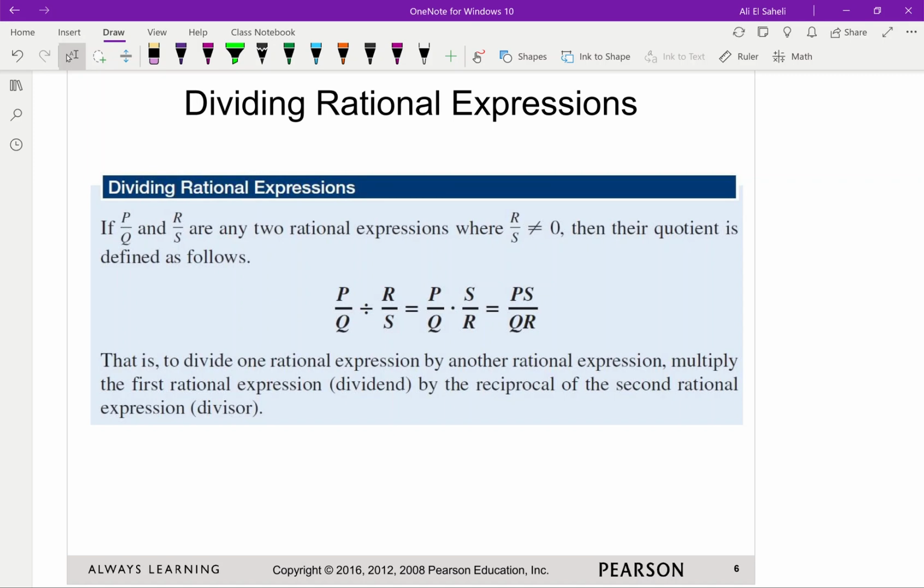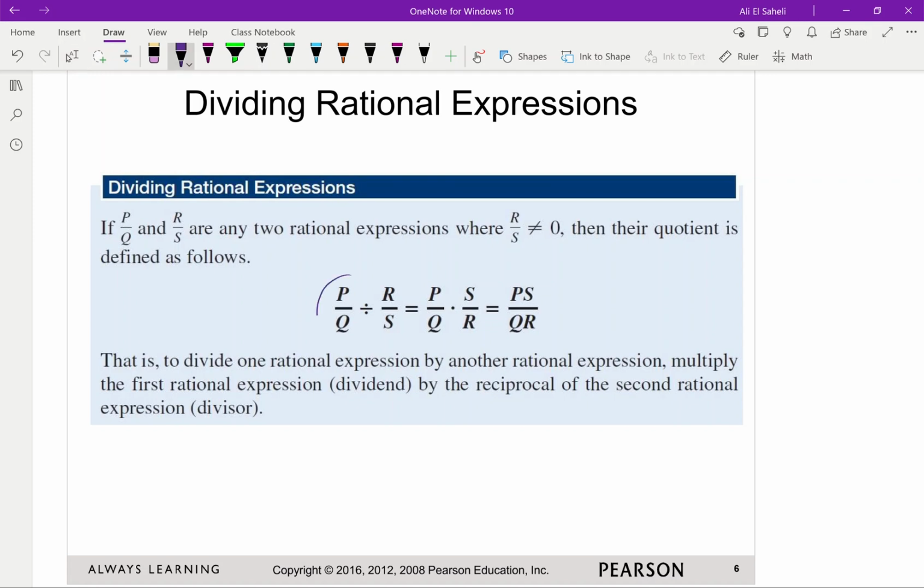Now, dividing rational expressions. Dividing rational expressions is very easy once we understand multiplying rational expressions. So we have to practice very well to make sure we understand how to perform multiplying rational expressions fast and easy. And the reason why I say that is because we can turn dividing rational expressions into multiplying rational expressions.